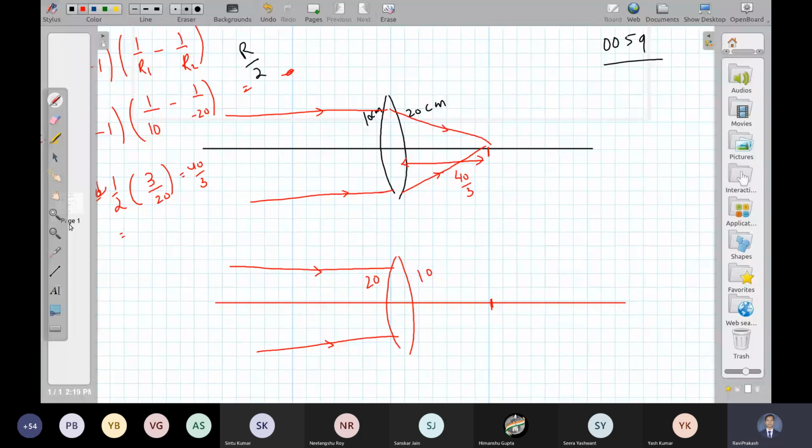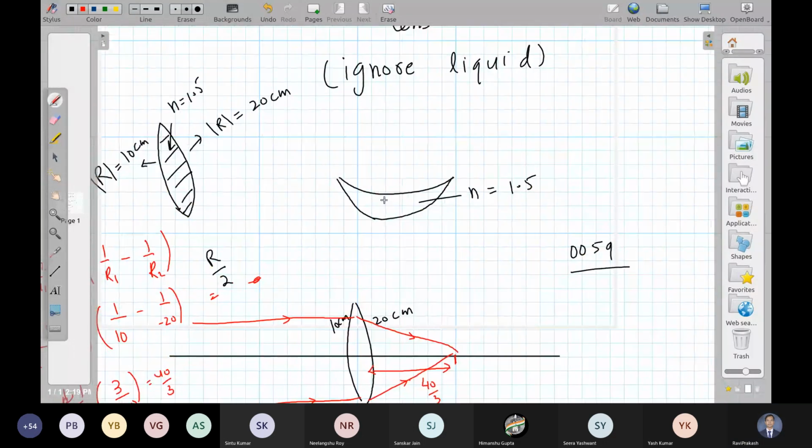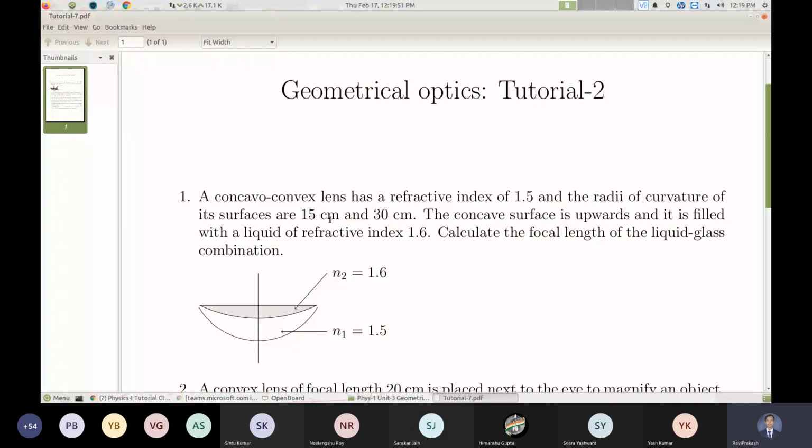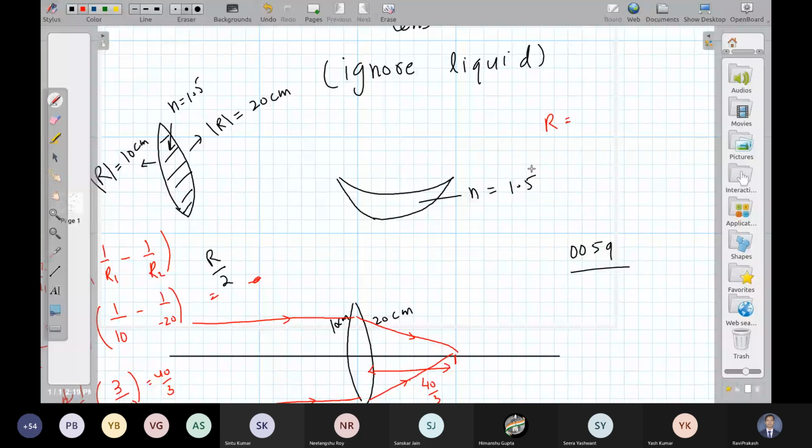What about this lens? So one side has curvature 15 and one side has 30. Which side has curvature 15? Side A or side B? This is the figure.